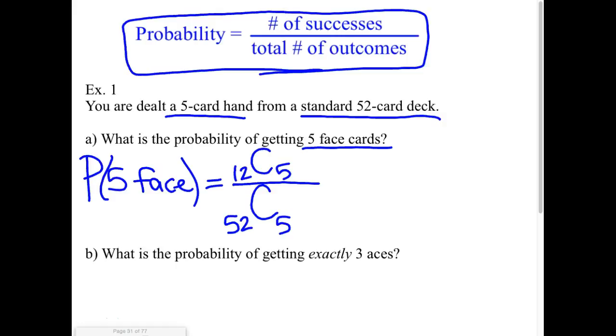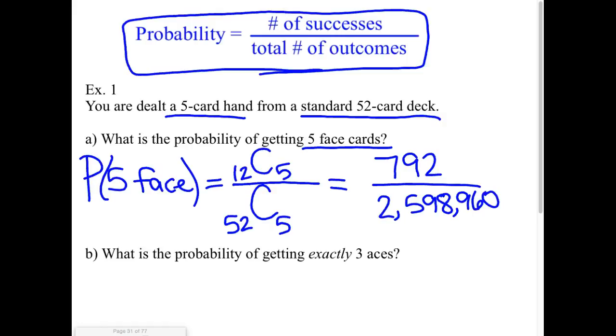Okay. So again, we're going to plug this into our calculator. So on top, when we plug our combination, we know we're going to get 792. And on bottom, I feel like we found this number a whole bunch. We're going to get 2,598,960. I'm going to have you take this one step further. We are going to write this as a decimal.